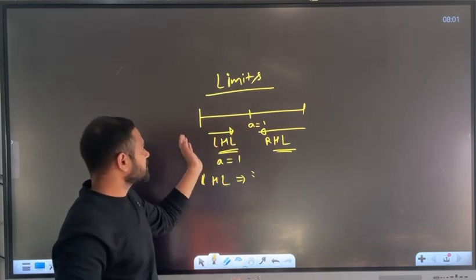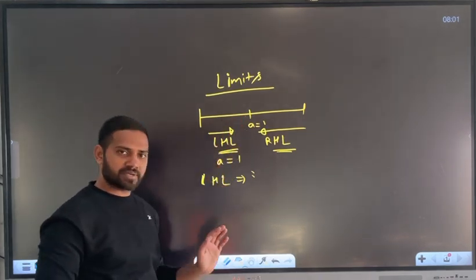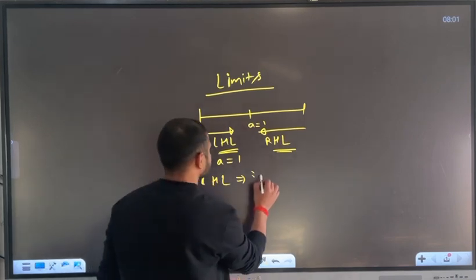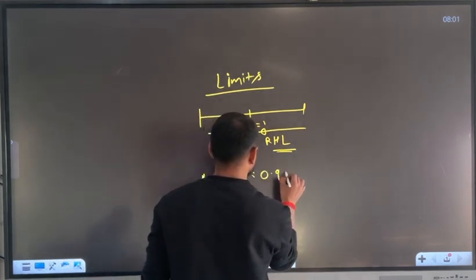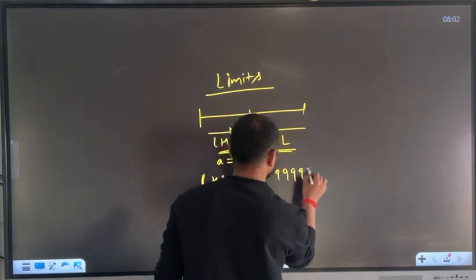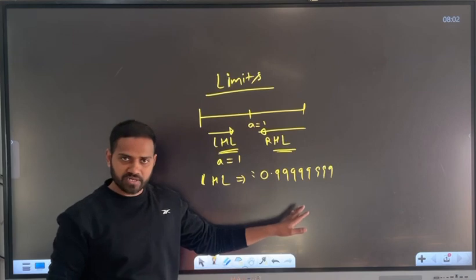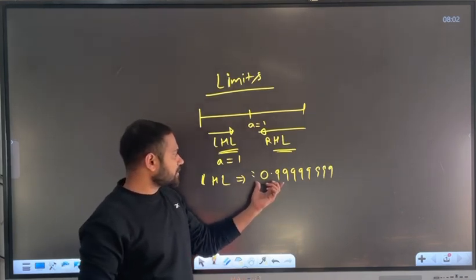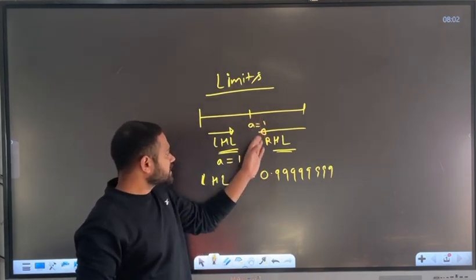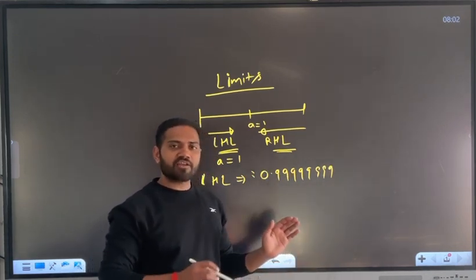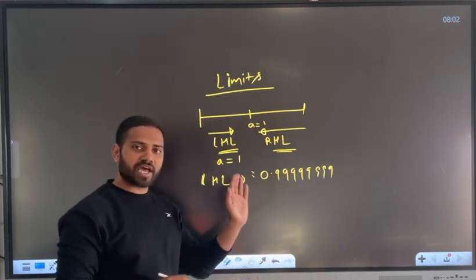Then we can suppose that we are approaching from the left hand side and the value of that point will be 0.99999. This number is approximately equal to 1, and we can say we are approaching number 1 from the left hand side. We can also approach this number 1 from the right hand side.